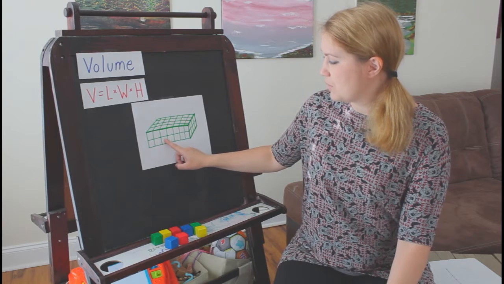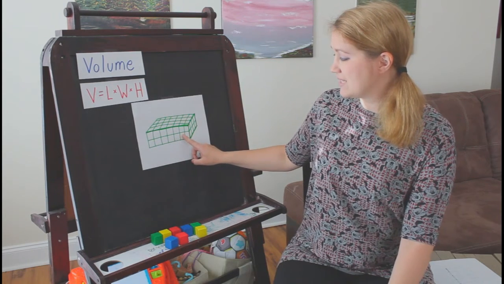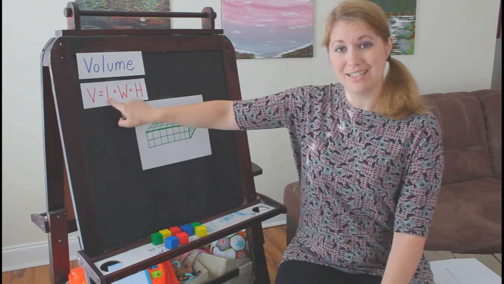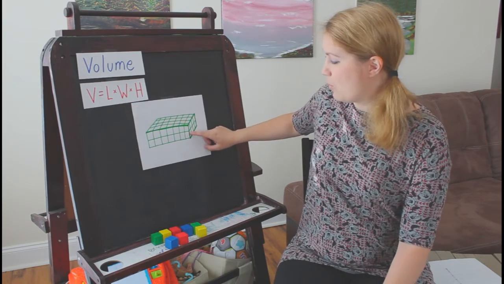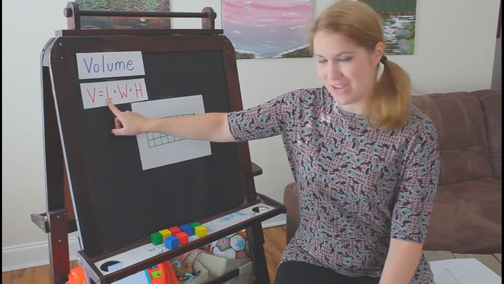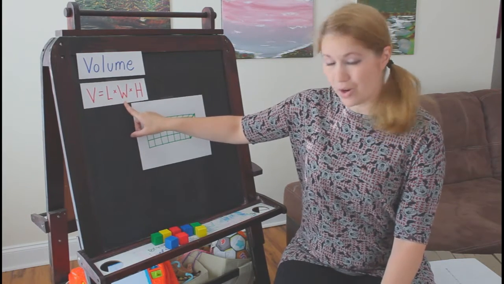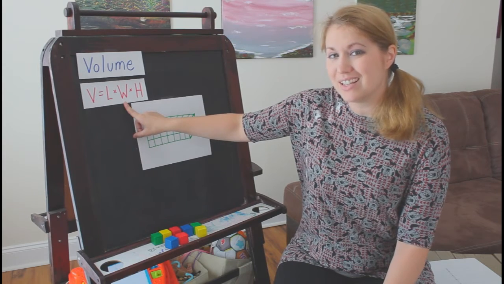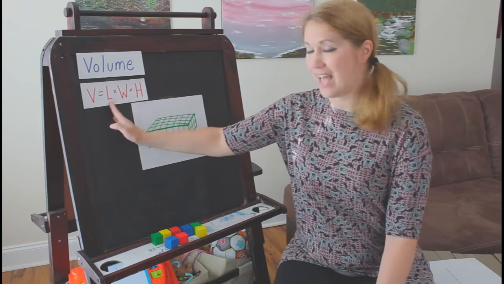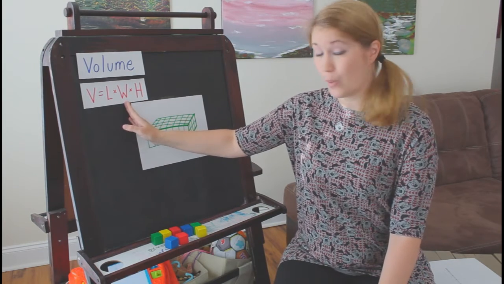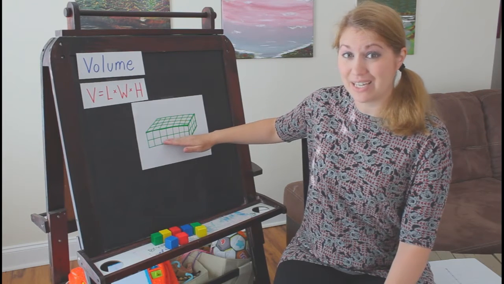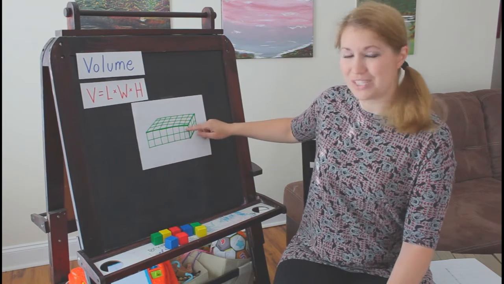1, 2, 3, 4, 5, 6, 7. 7 units for our length. Let's figure out our width. 1, 2, 3, 4. Okay, 7 units for our length, 4 units for our width. How tall is it? 1, 2. So 7 times 4 for one area, that gives us 28, times 2.